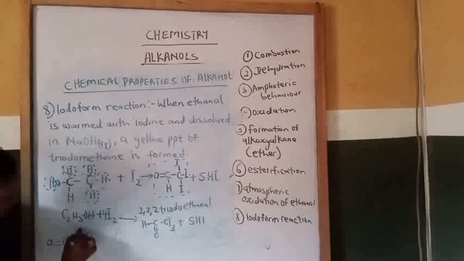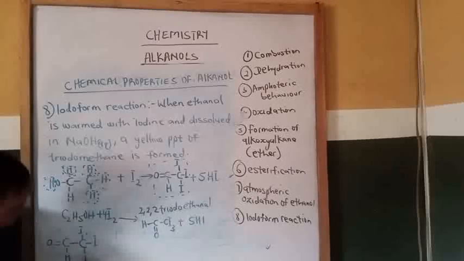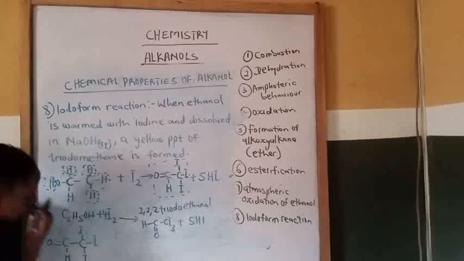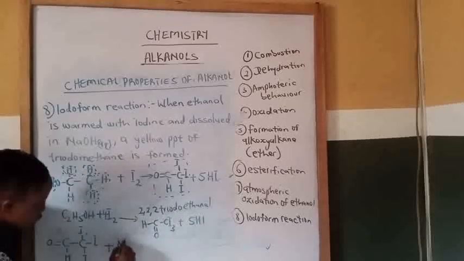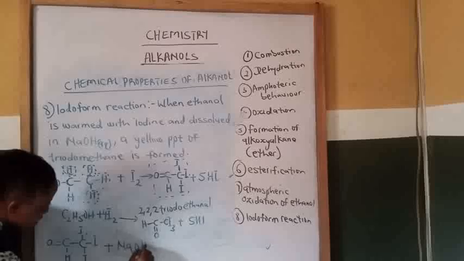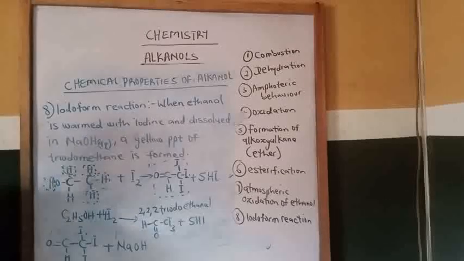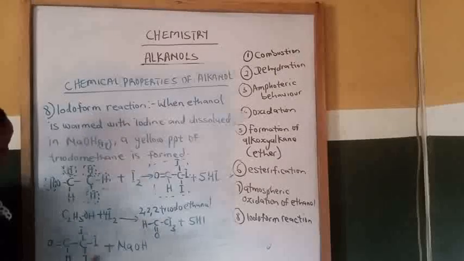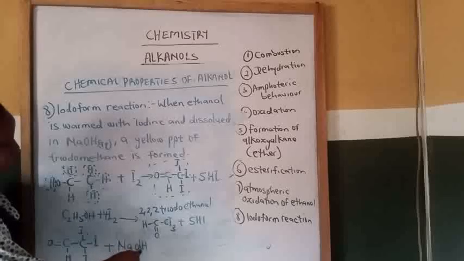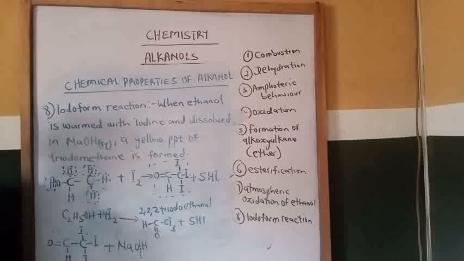Then the second carbon atom with 3 iodine atoms. Then this time around, we add sodium hydroxide. So addition of sodium hydroxide to an alkanol will displace hydrogen atom from alkanol.